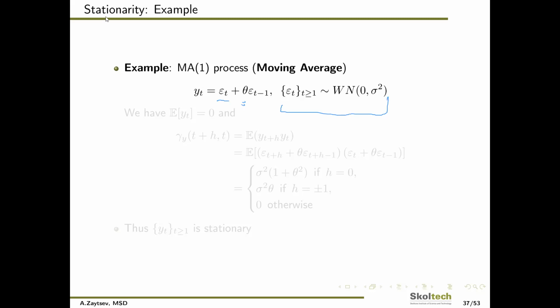So we again do some math and start with calculating the mean value. As the mean value for each epsilon is 0, if we have a sum of two epsilons, we again have 0. So the mean of yt is 0. Also, for gamma y, the autocorrelation function, we should calculate the mean value of yt plus h times yt.